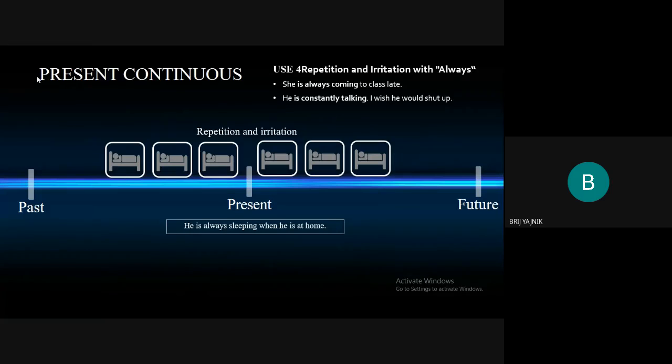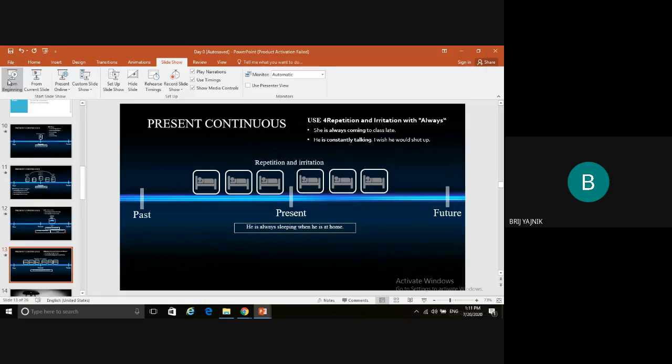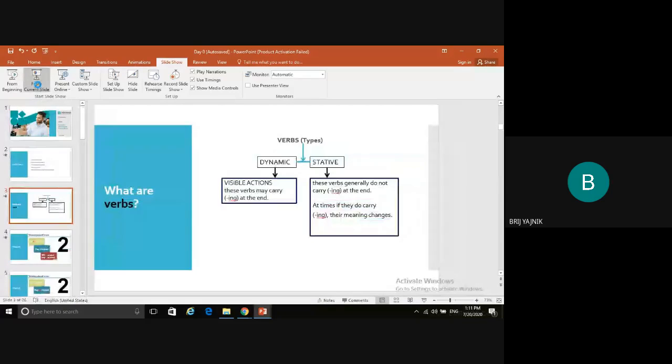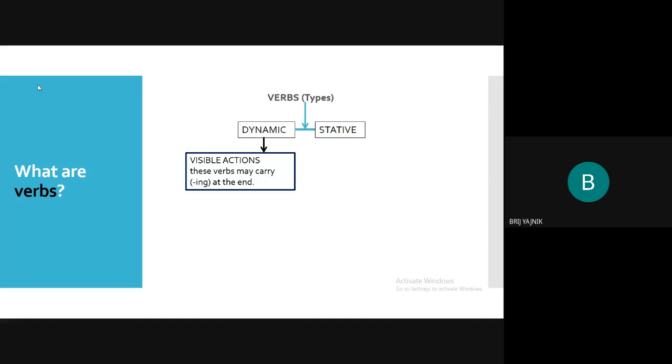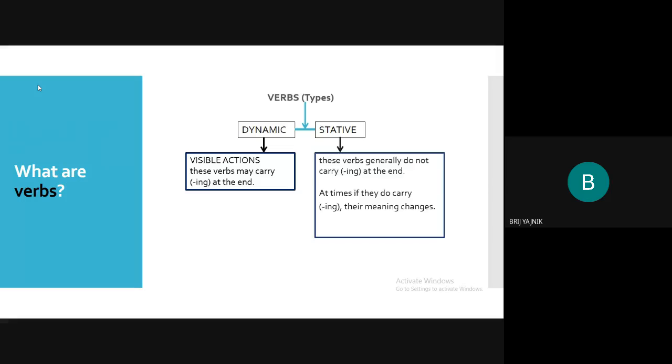We will come back to that and we'll understand how to use them. But prior to that, we also looked at the two major forms of verbs. So before leaving, let's very quickly review this one more time because it's going to help us a long way. Remember, dynamic actions, they will carry ing, but stative actions, they may not carry ing, and if they do, their meanings change. And we did a lot of exercise in order to understand how they work.